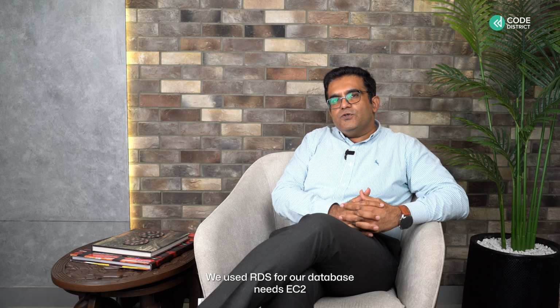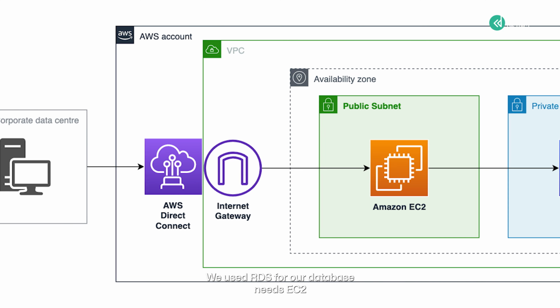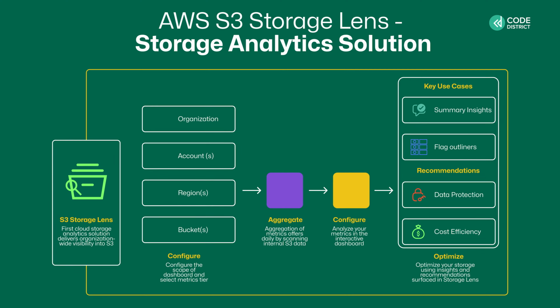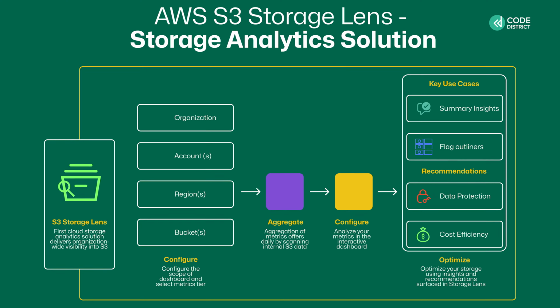The major and the minor changes the user made for the candidate and the other entities were automatically saved on the backend. During the deployment phase of our project, we relied primarily on AWS infrastructure to ensure robustness and scalability. We use RDS for our database needs, EC2 for deploying our application, S3 for storage, and ELB for efficient load balancing.